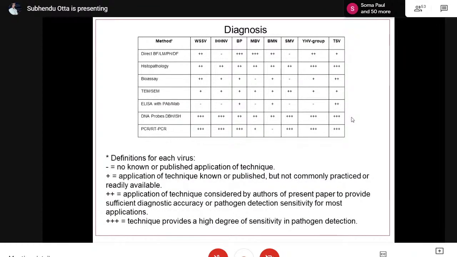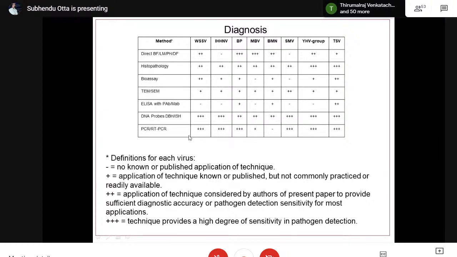So then, coming to the diagnosis of this virus disease, diagnosis is an important part, which is also a part of management practice. You can decide about the culture practice. So there are microscopy methods like light microscopy or electron microscopy, histopathology, then different protein-based methods like ELISA or polyclonal and monoclonal antibodies, then DNA-based methods, DNA probes and PCR, and RNA-based methods like RT-PCR.